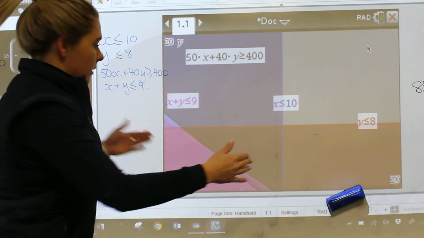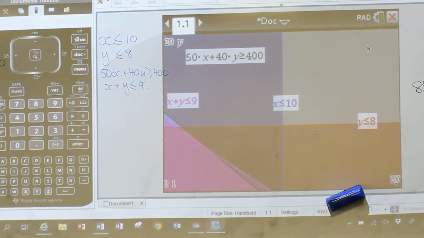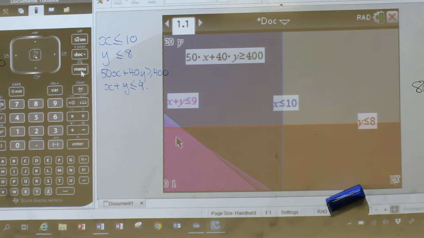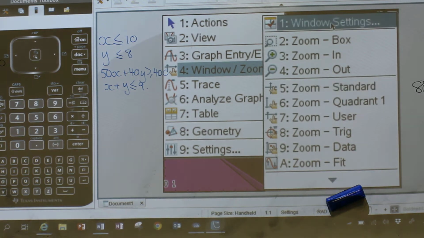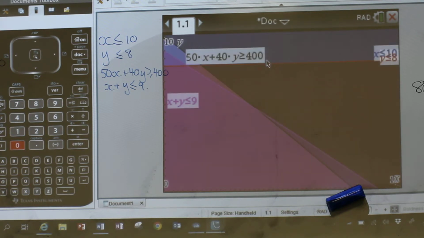It is singled into this section here. So I can zoom in my window once more because I know that it has to be in here somewhere. Okay? So menu, window zoom, window settings. Let's make it 10 and 10. Okay, now I have a better picture. So we know we're in this quadrant here.